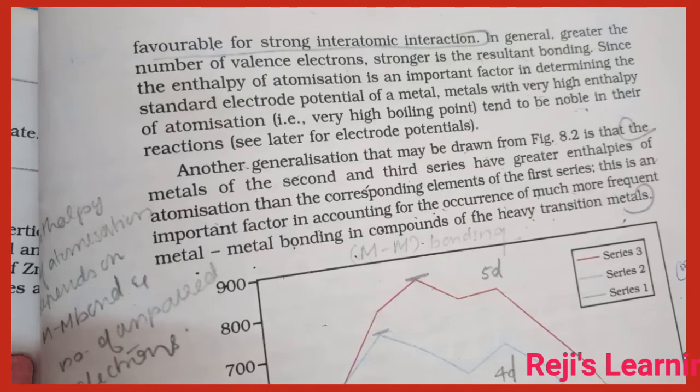Another generalization that may be drawn from figure 8.2 is that metals of second and third series have greater enthalpies of atomization than the corresponding elements of the first series.